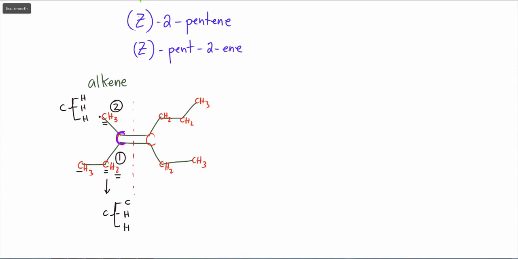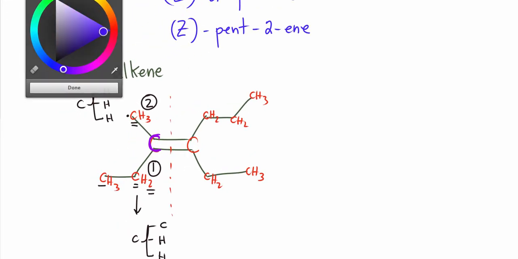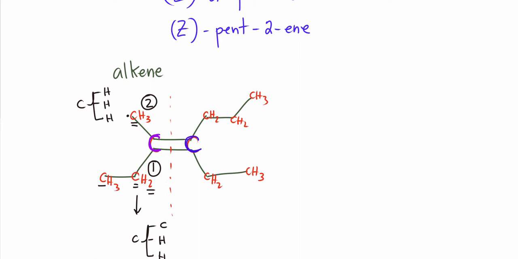All right. Now, we prioritize this carbon. We can move on to the other carbon on the other side of the double bond. We can move on to this carbon now, okay? So what's attached to this carbon is a C, which was this, and 2 H's.